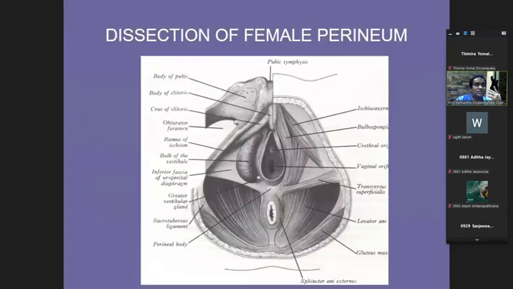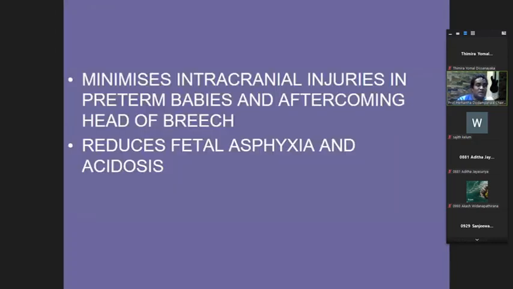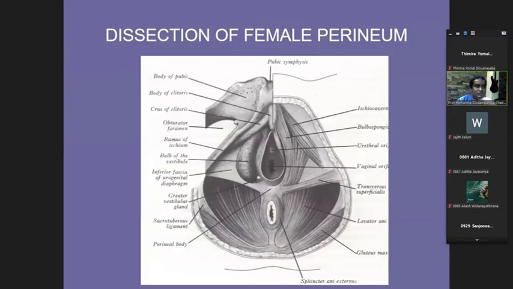It is also useful in patients with intracranial injuries and in preterm babies, as it protects against compression-decompression injury. And fast delivery reduces fetal asphyxia and acidosis.